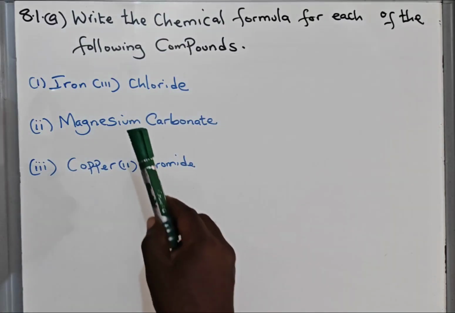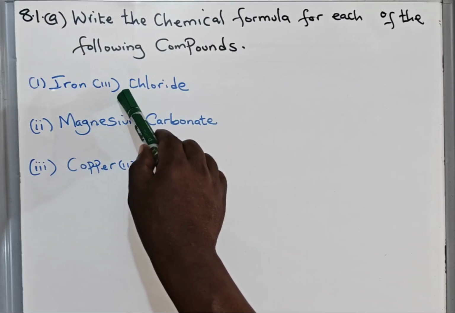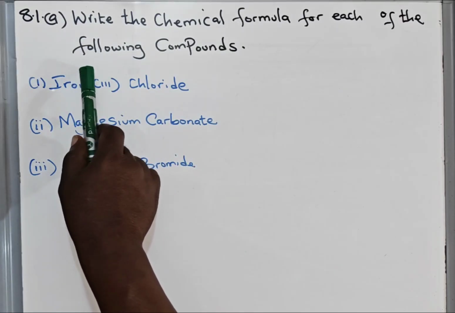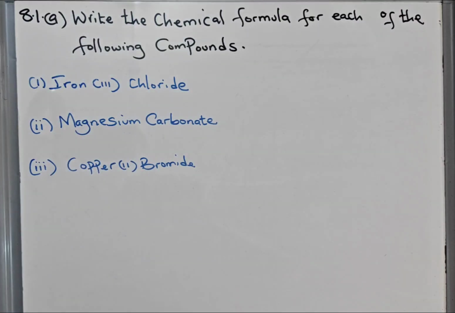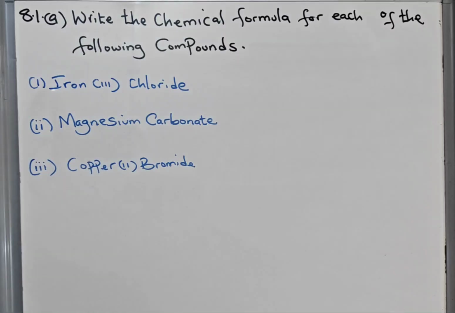We need to know that whenever you see this in brackets, it implies that they are giving you the combining power or valence of iron. Iron is a transition element, so it exhibits several oxidation numbers or combining powers.